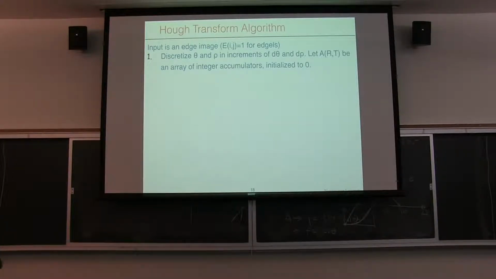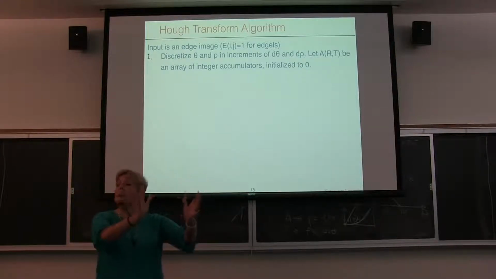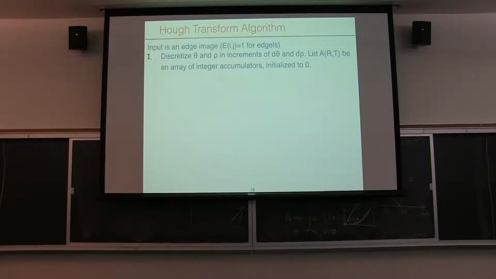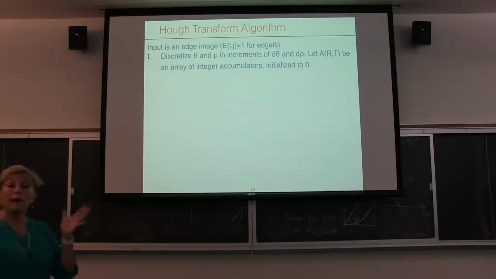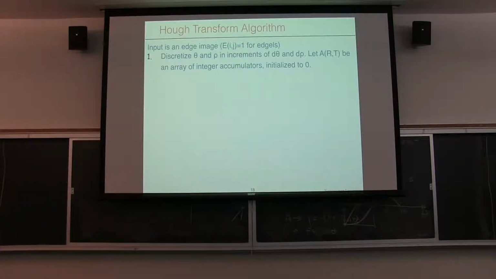Okay? Now what we're going to do is build an image. So right now my image is empty. It's all black. That image is the parameter space image. I'm going to have rho as my vertical axis and theta as my horizontal axis. And I'm going to paint that image. How do I paint it? For every edge in my input image, I'm going to try to draw a curve.